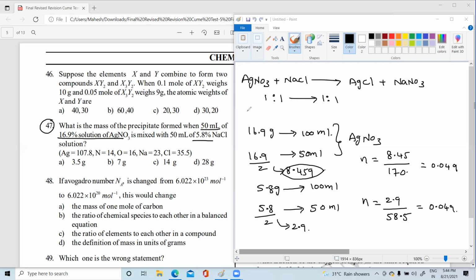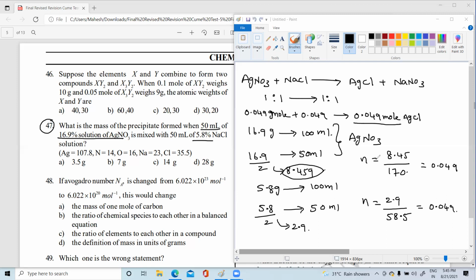So that means 0.049 moles of AgNO3 react with 0.049 moles of NaCl. Why? Because the ratio is the same. So 0.049 moles of AgCl precipitate will be formed.